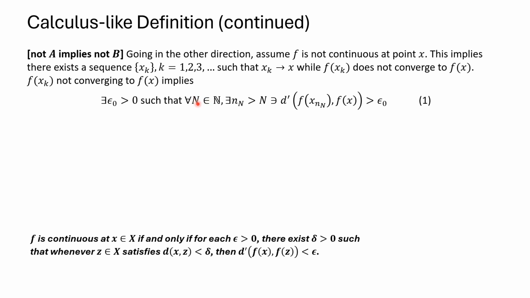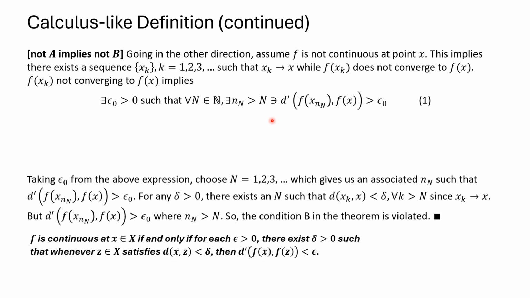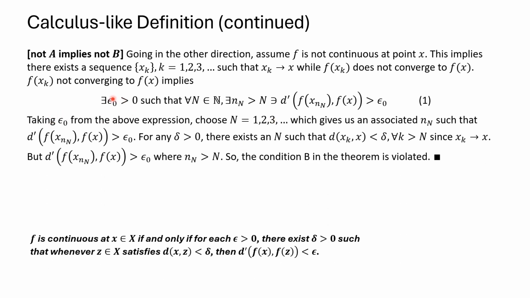So if we pick 100 here, then we're saying there exists some number bigger than 100, 101, 300, whatever, bigger than our chosen N, such that the distance between f evaluated at x sub n sub capital N and f of x is greater than our epsilon sub 0, and that would break this argument here, so that we would not have that true.